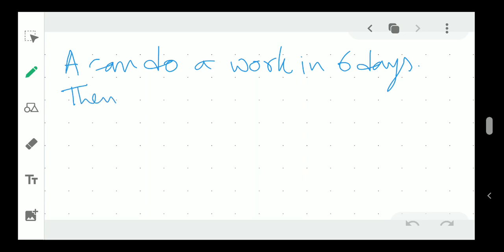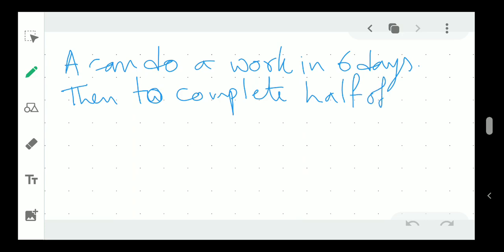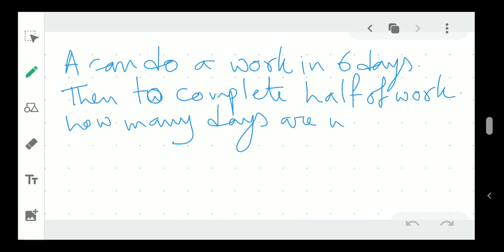Then to complete half of the work, how many days are needed? So in this math you can see here that to complete a work means one portion of a work.